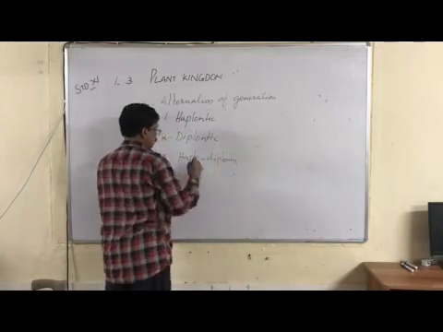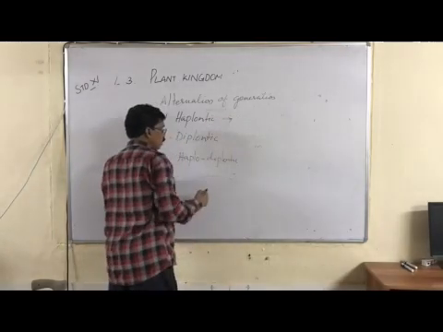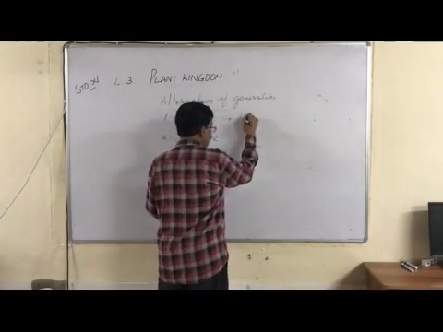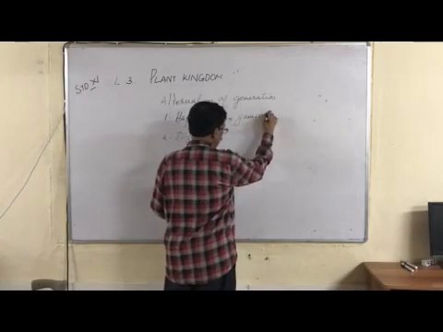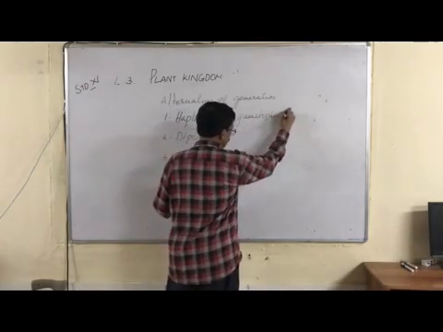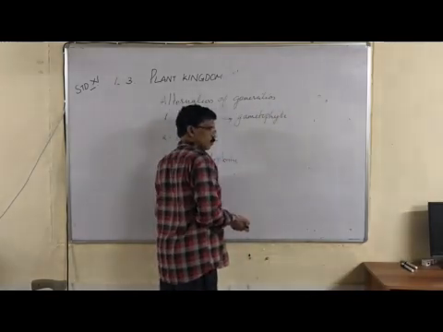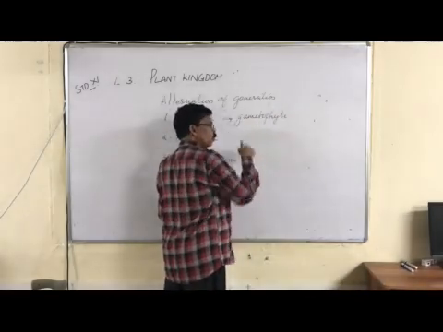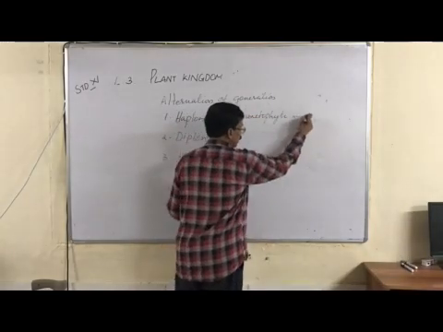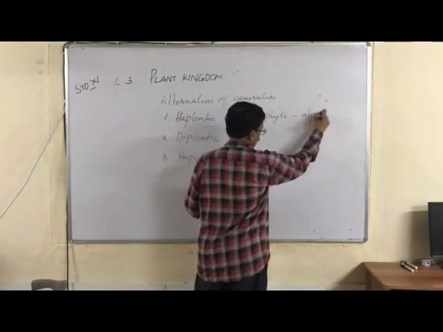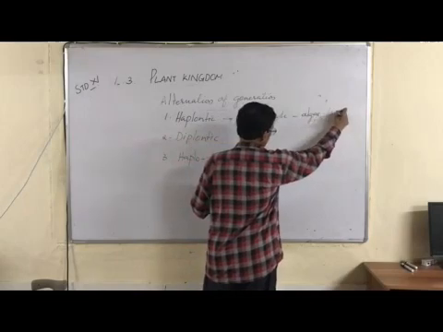In the haplontic life cycle, the gametophyte is the dominant phase. The gametophyte is very important and dominant. The sporophyte is unimportant and dependent on the gametophyte. Examples are algae and fungi, particularly algae.